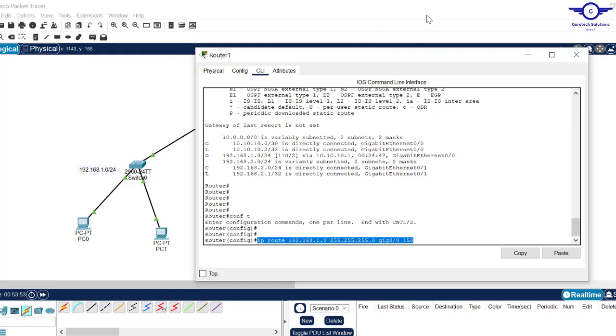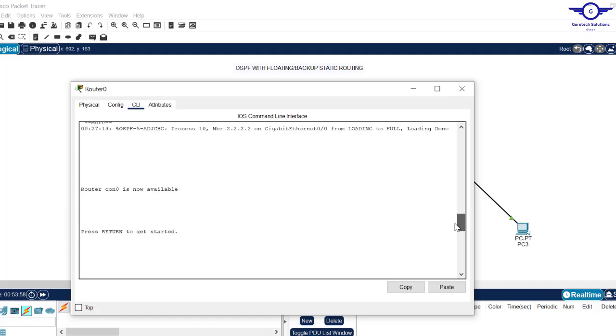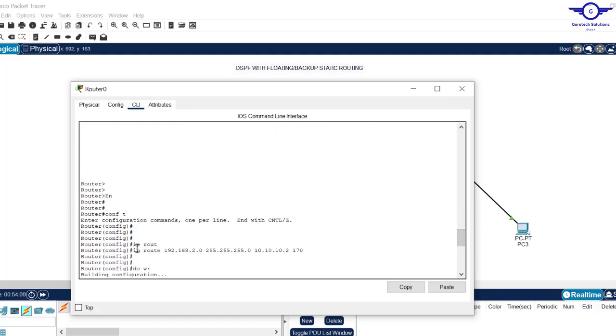All right. So the same way we did on this side, we told this router: whenever you receive a packet matching this destination, then forward it to the next hop IP address.